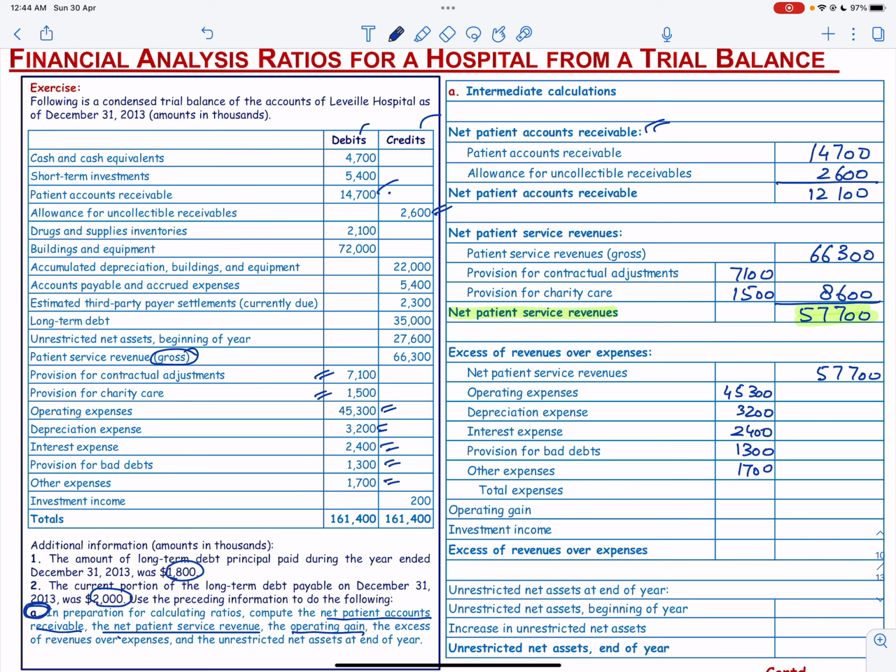So the total expenses are 53,900, and the operating gain will be the net patient service revenue minus the total expenses. Sorry, I made a mistake.